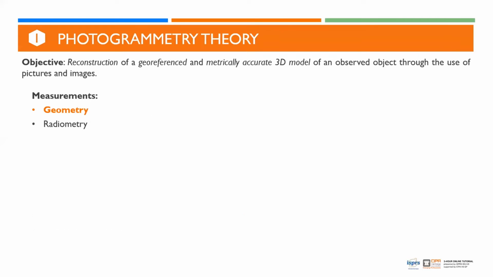So the objective of photogrammetry is the reconstruction of georeferenced, which is quite important, but also metrically accurate 3D models. And we are going to perform different kinds of measurement. The geometry is the most important one, but also, for example, radiometry, the radiometric component. This will allow us to carry out different kinds of analysis.